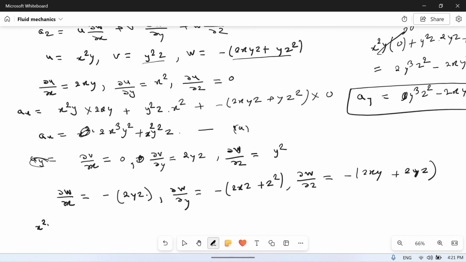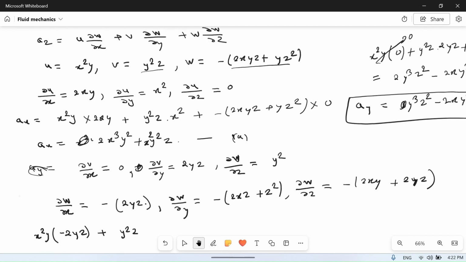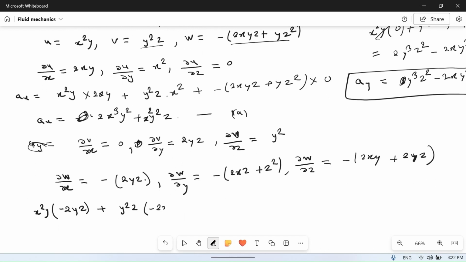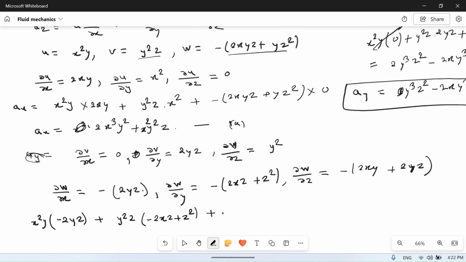So u is x square y and del w upon del x is minus 2yz, plus v, which is y square z, into del w upon del y, which is minus 2xz plus z square, plus w, which is minus 2xyz plus yz square, into del w upon del z, which is minus 2xy plus 2yz. Okay, so this is the value of az.